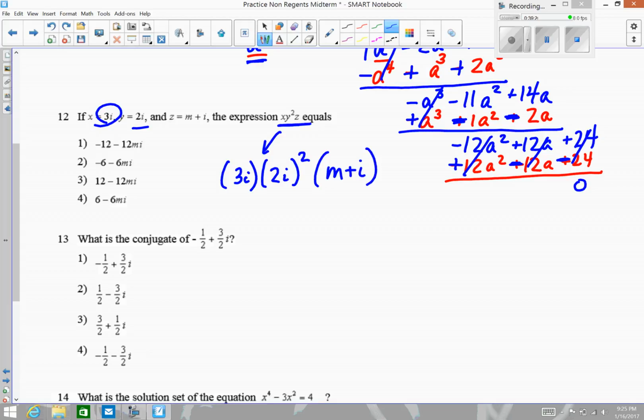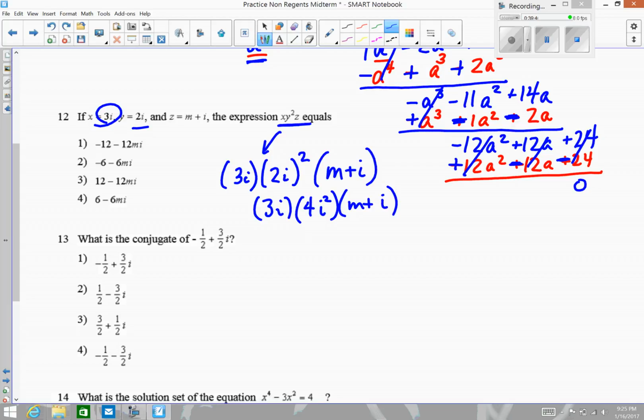So we need to simplify this as much as we can. Let's do exponents first. 3i is our first term, but 2i has to be squared first, giving us 4i squared. And then we've got that multiplied by m plus i.